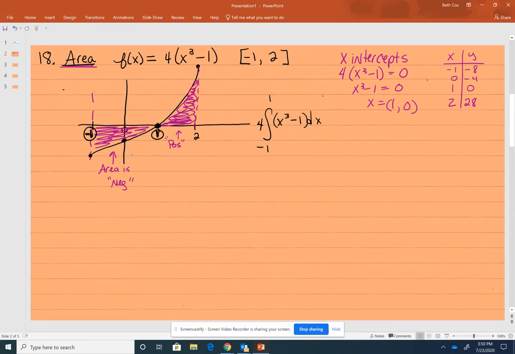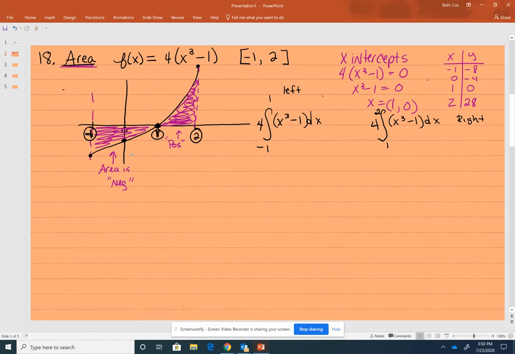That'll give me that one. And then the second one, I'm going to do from 1 to 2 of the same function, with the 4 out front. And so that'll give me my other one. This will give me my left area, and this one gives me the right area.